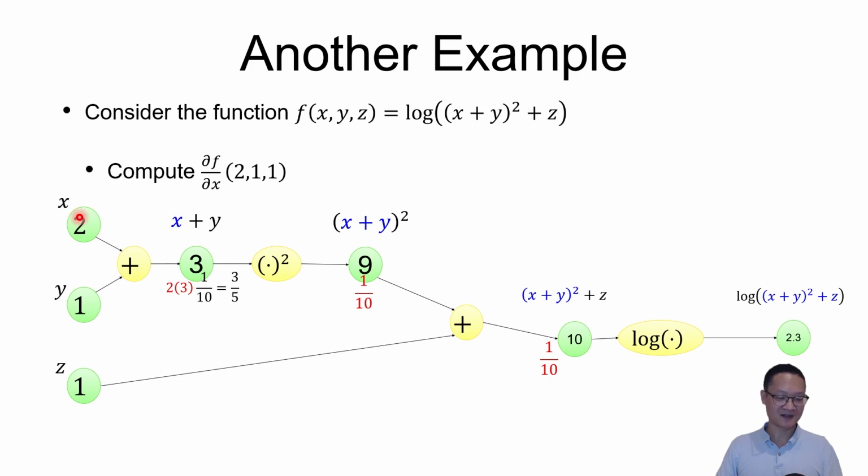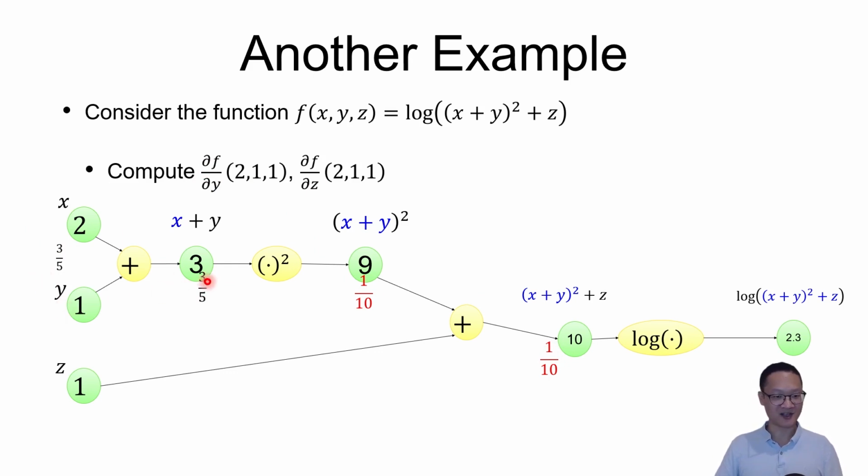Now going back again. We keep what we had before and multiply by the new part, which is 1. Overall, the gradient is going to be 3 over 5. So by going back, we have computed partial f, partial x evaluated at 2, 1, 1. That's 3 over 5, and we can do the other partial derivatives very easily because we have already kept all of these intermediate partial derivatives along the way.